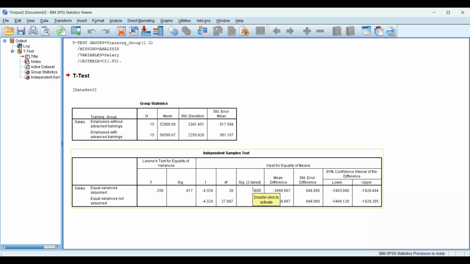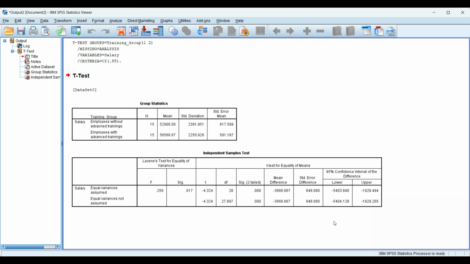On the other hand, the significance p-value is 0.000 in both cases. So the significance value is lower than 0.05, which means there is a significant difference between the employees who had advanced training and employees who had no advanced training.